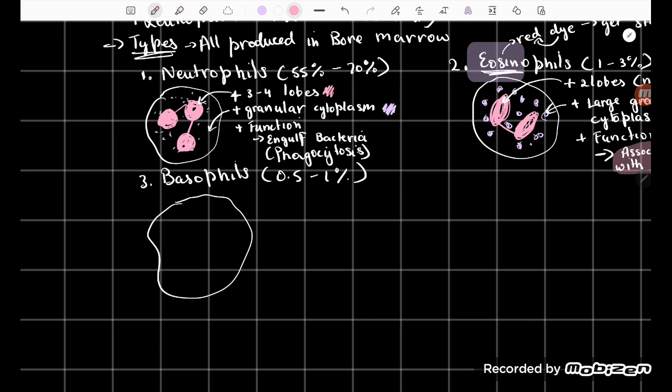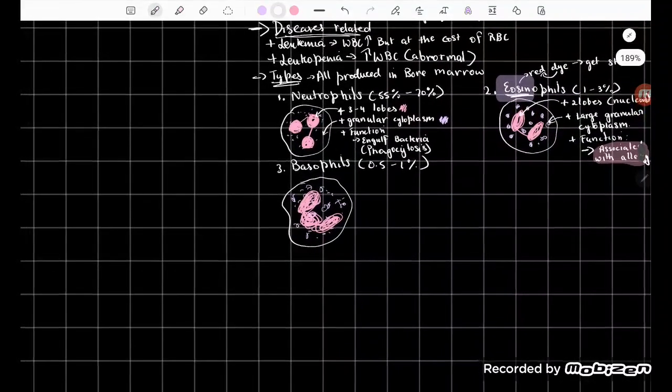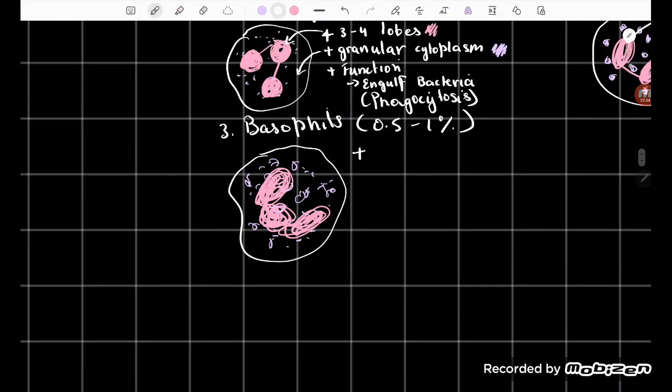There is a very large, indistinctly lobed nucleus here.